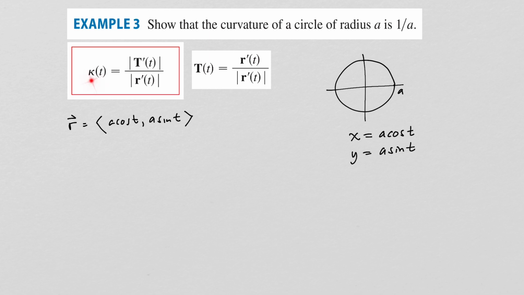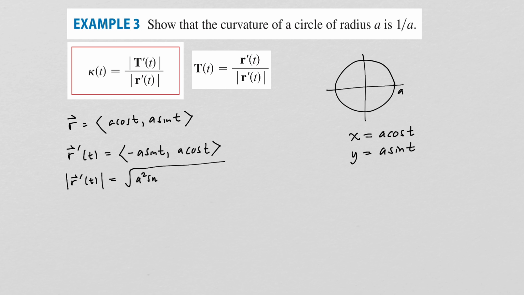So now to compute kappa of t, first we need to figure out the unit tangent vector. And to do that, we need the derivative r prime. So r prime of t is going to be ⟨negative a sine of t, a cosine of t⟩. And the magnitude of r prime of t will be the square root of a squared sine squared of t plus a squared cosine squared of t.